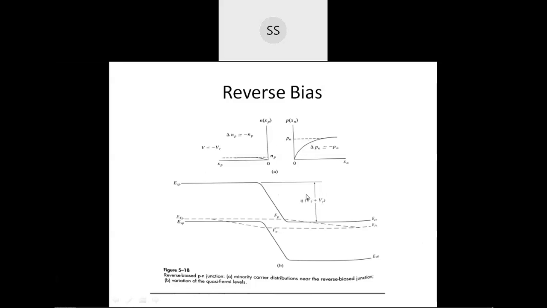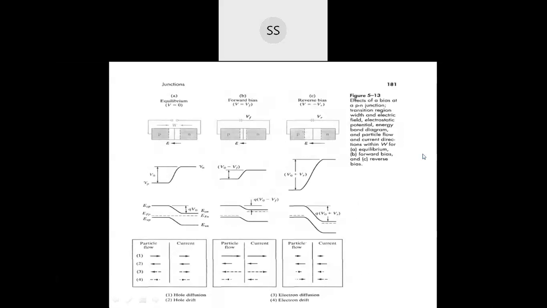Now on the energy level diagram, you can see that the barrier is q times (V naught plus VR), so the barrier is increased. Because of this there is a lot of change in the energy levels also. You can compare this picture with the previous one, that is under equilibrium, where this is the condition: EC, EFN, and EV.